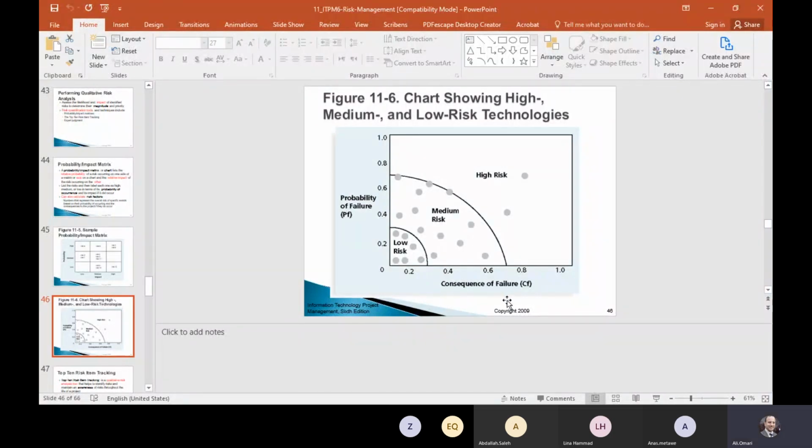And this is a chart that also shows a high, medium, low risk technique.